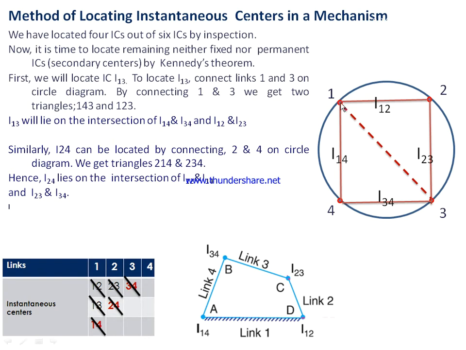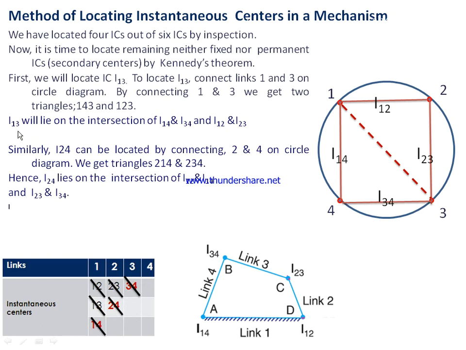By connecting link 1 and link 3, you get 2 triangles: 1, 4, 3 is one triangle, and 1, 2, 3 is another triangle.